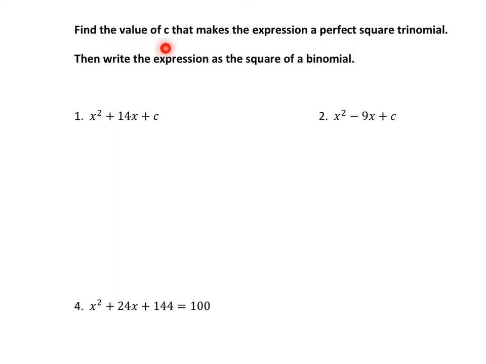It says, find the value of c that makes the expression a perfect square trinomial. Then write the expression as the square of the binomial. So they want you to find this c. Well, c equals b divided by 2 squared, 49.